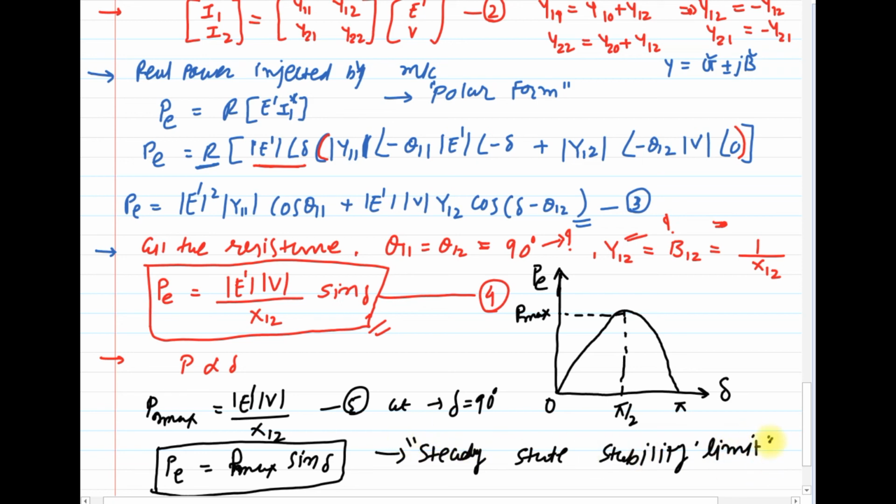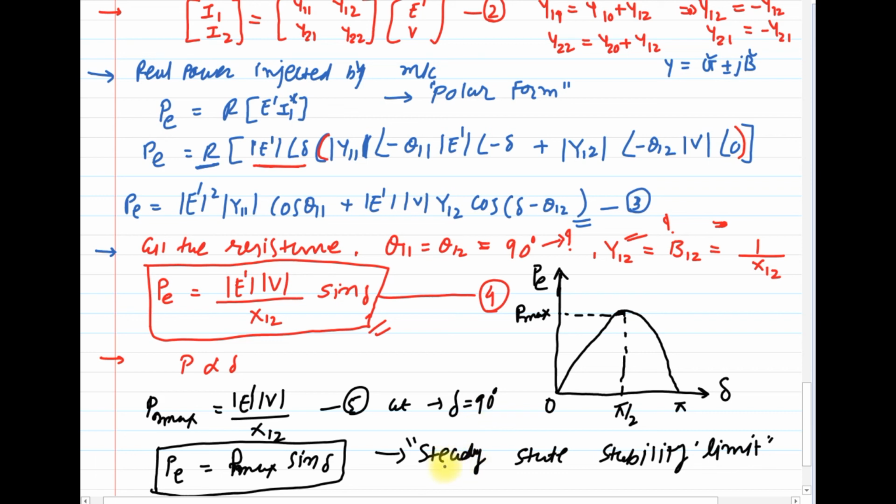That means beyond a certain value of the power angle delta, you cannot increase the maximum power. Even if you increase the value of delta, it will not increase your generation.